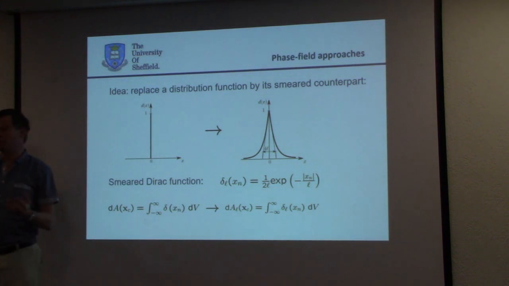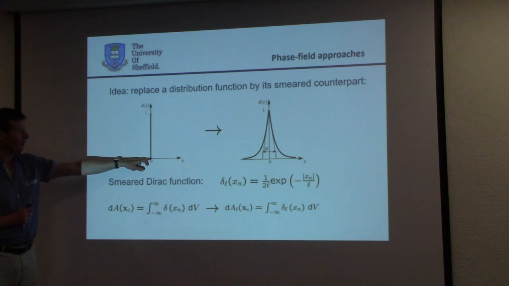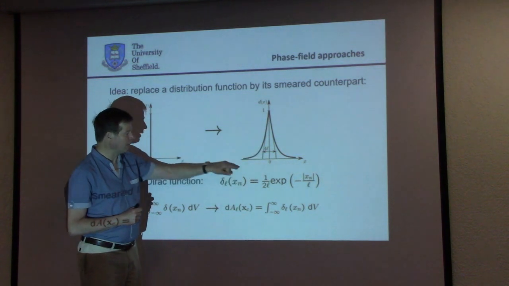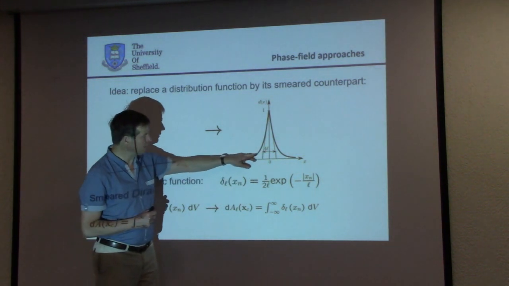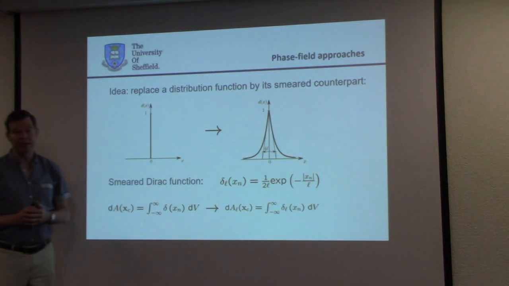So many phenomena can be described by that. And the idea is that we replace this Dirac function by a continuous function, something like this. For instance, where here we have the shape of an exponential function.